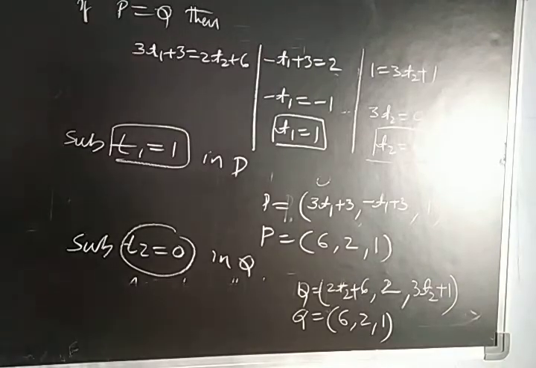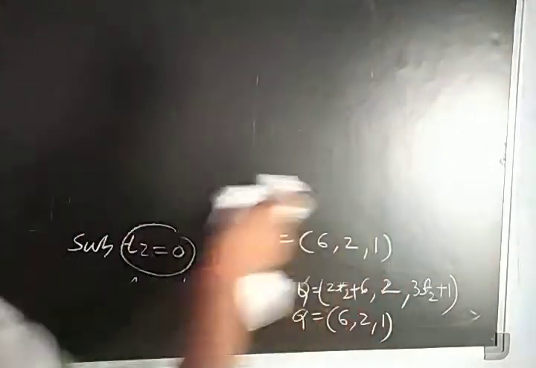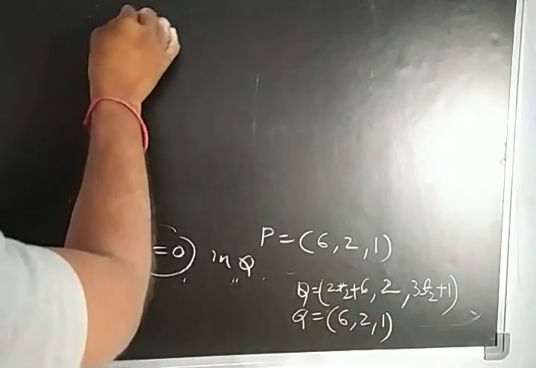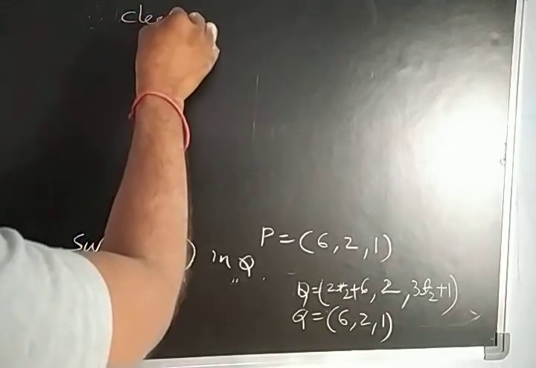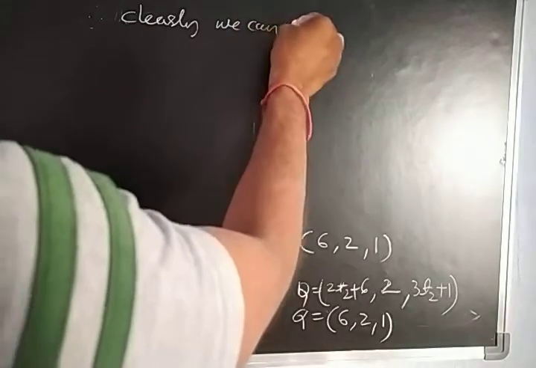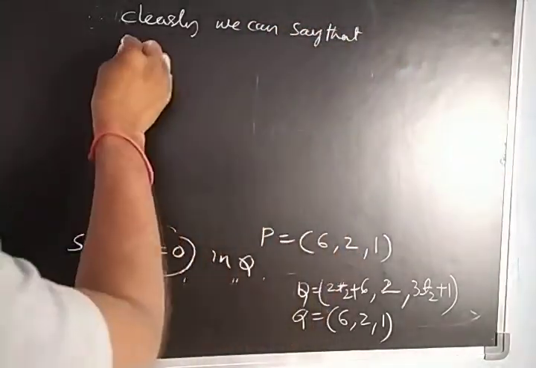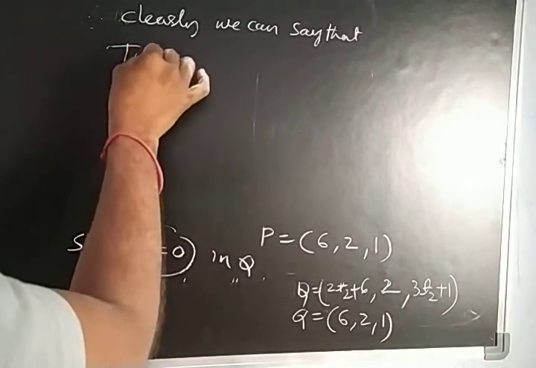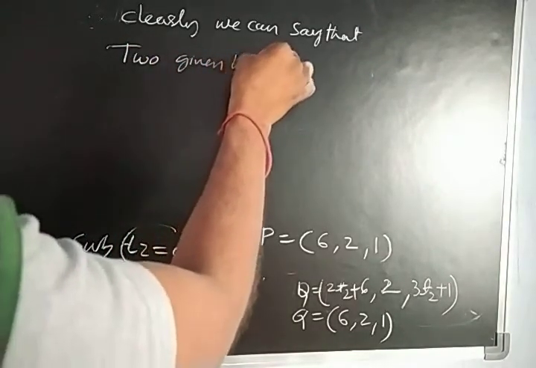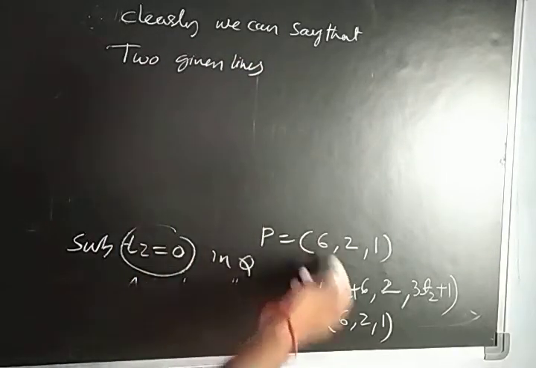Then we can conclude that, write down: clearly we can say that the two given lines, observe the points P and Q are equal.